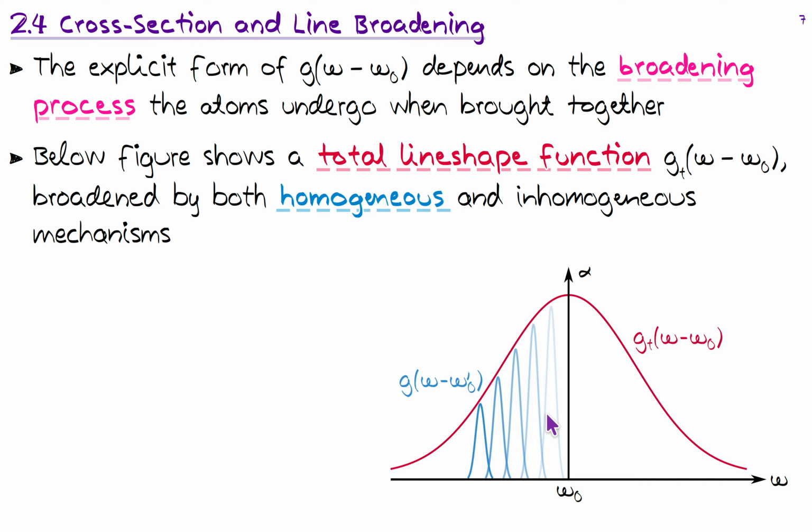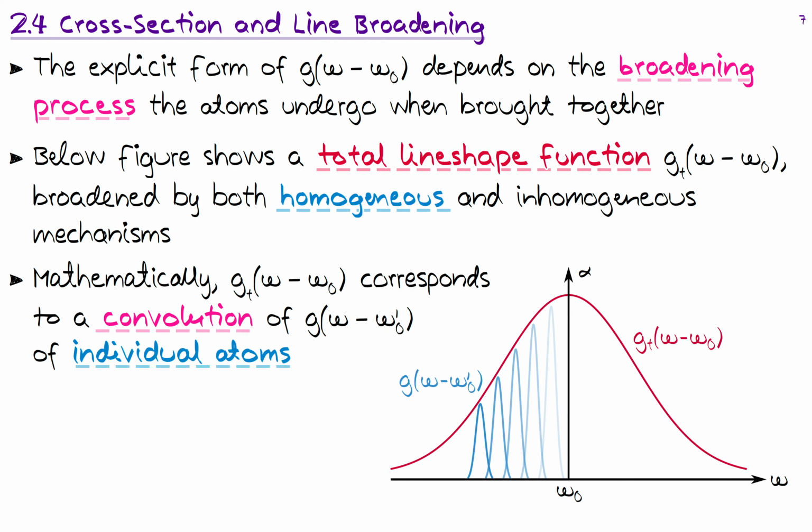The resonance frequency then broadens due to this velocity distribution, and ultimately the total line shape function is a convolution over different kinds of broadening mechanisms. Mathematically, G_T corresponds to a convolution of the line width function of individual atoms over the distribution of atoms in what states they can have and how they react to the impinging field.